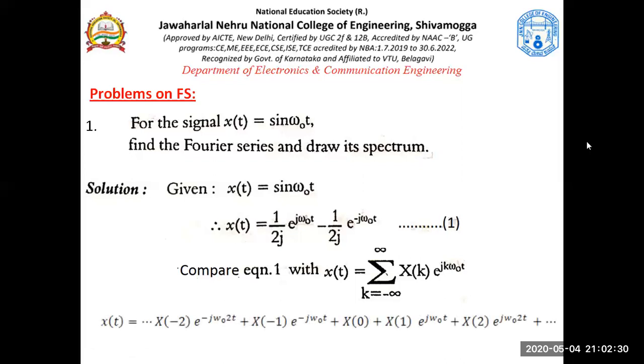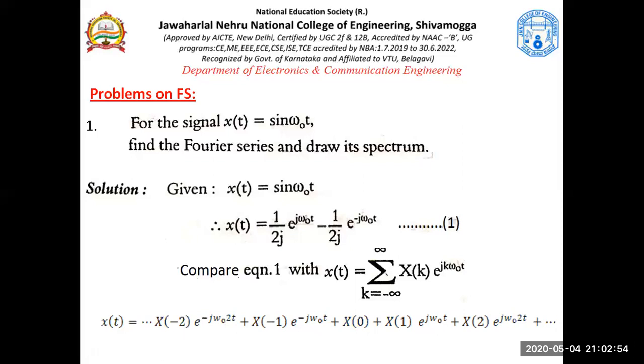Now see here, this x of t has been expanded. It ranges from minus infinity to plus infinity. Let's start from minus infinity. Somewhere in between, you will get x of minus 2. This is which sample of x of t? This is the t equal to minus 2 sample.